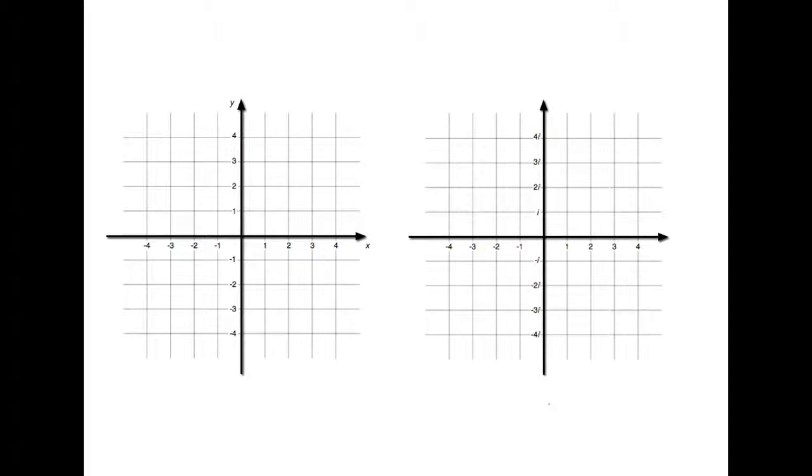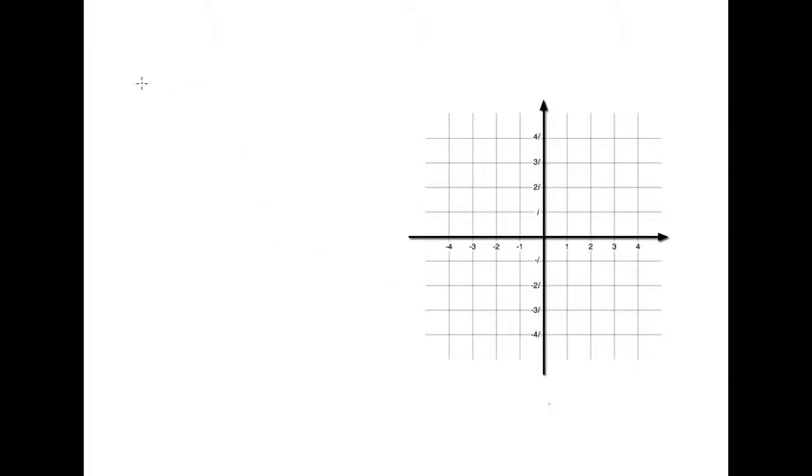Now, let's do an example using this, and we'll use the complex number 2 plus 3i. There it is. And we want to look, first of all, at the negative of that complex number. Now you know the negative of 2 plus 3i would be negative 2 minus 3i.